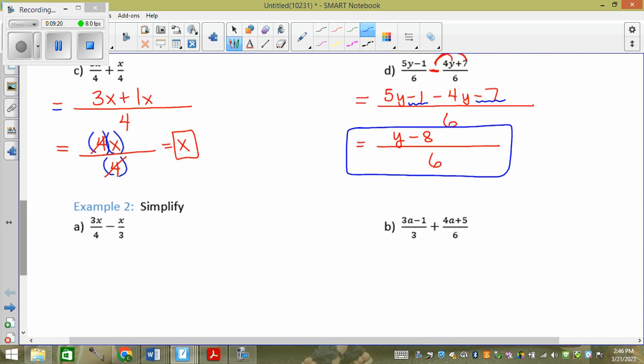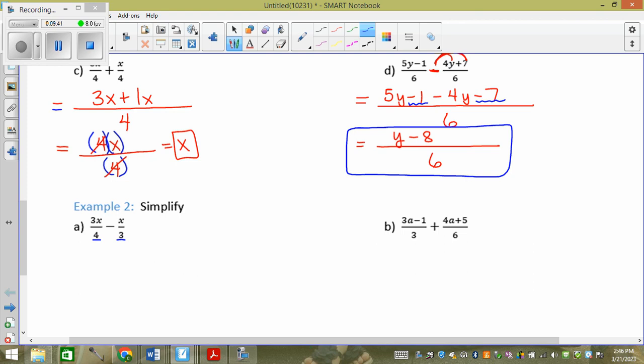Example 2. Still no NPVs, but I didn't give you what? Common denominator. I need to make common denominators. So what is common between 4 and 3? And common denominators are always bigger, so bigger or equal to one of the denominators, right?